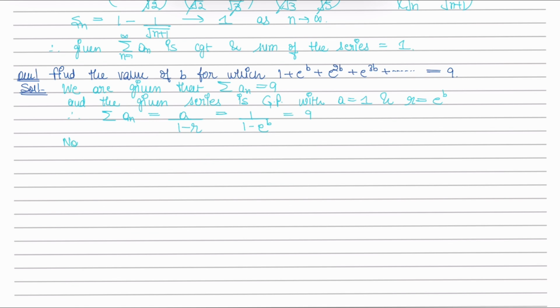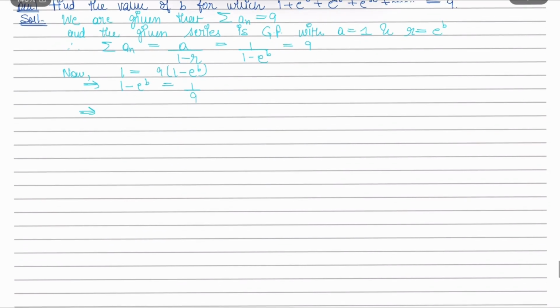Now, simplifying these terms, 1 is equal to 9 times (1 minus e to the power b). This becomes 1 minus e to the power b is equal to 1 by 9, and e to the power b is equal to 1 minus 1 upon 9, which is equal to 8 by 9.